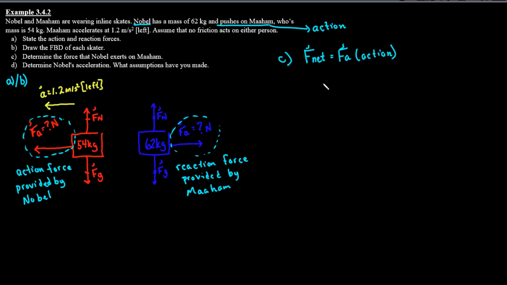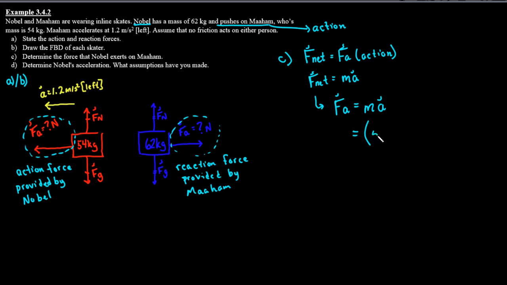Okay, so the other thing that we know is that any F net equals a mass times an acceleration. So because our F net is equal to F_A, and because F net equals ma, then we can say that the applied force in this situation is just going to equal Mayhem's mass times the acceleration that he experiences.